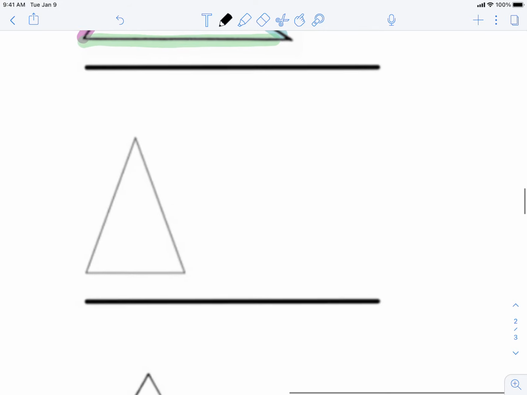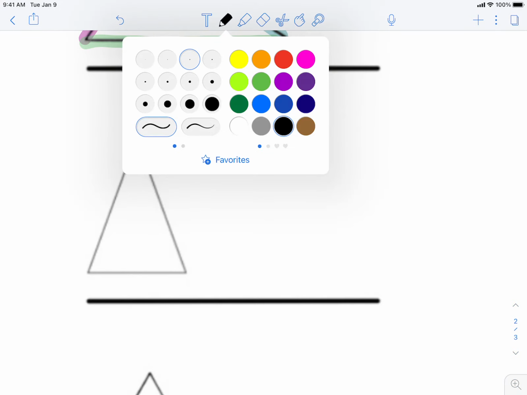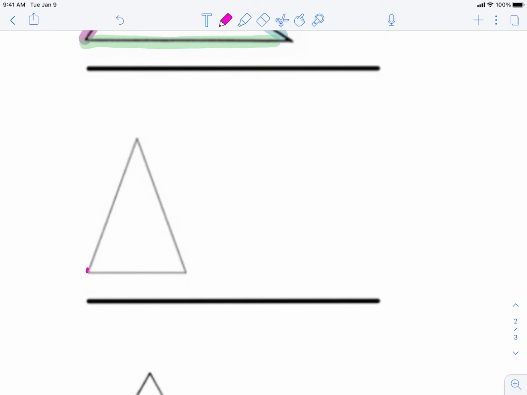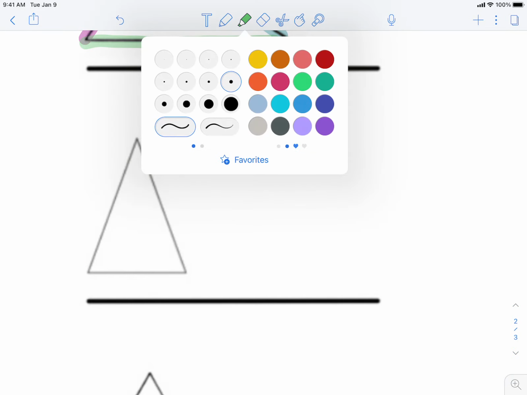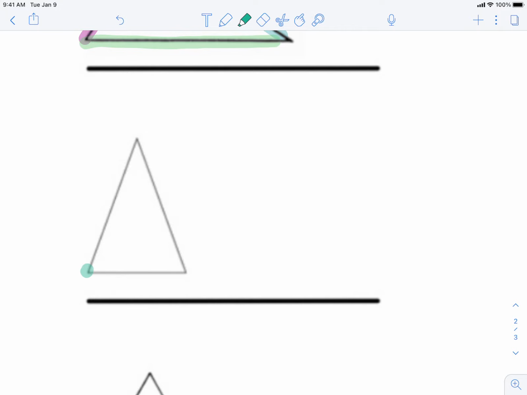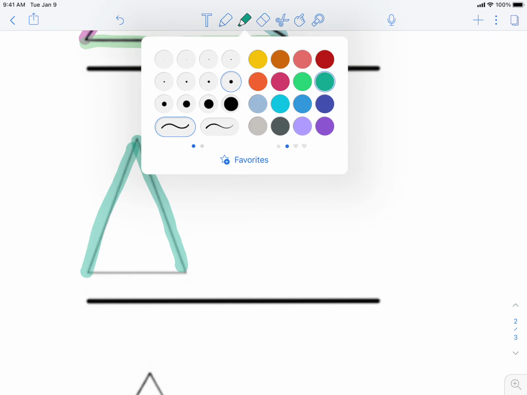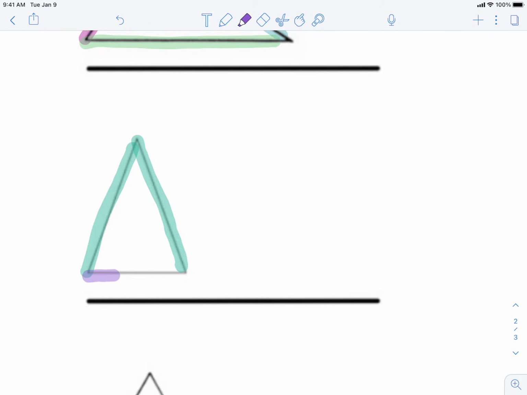Next, this triangle, we're going to notice that that side and that side are the same, and then this side is different. So what do we notice about this one? This one has two congruent sides. This side is equal to this side.